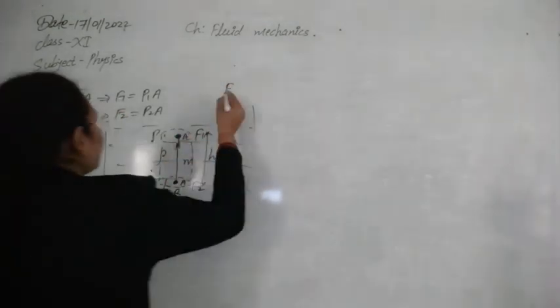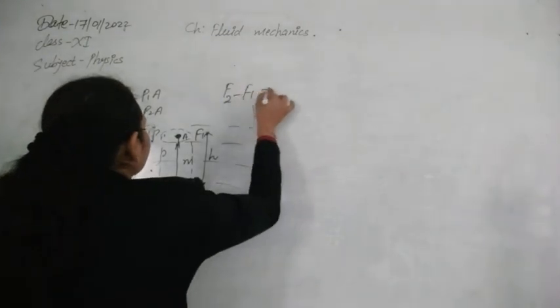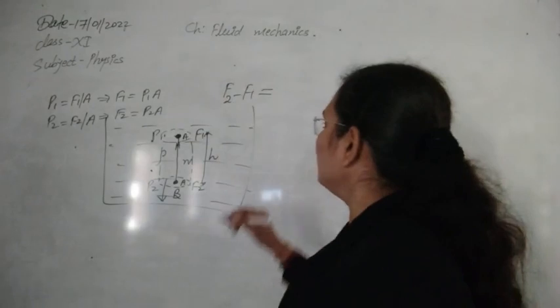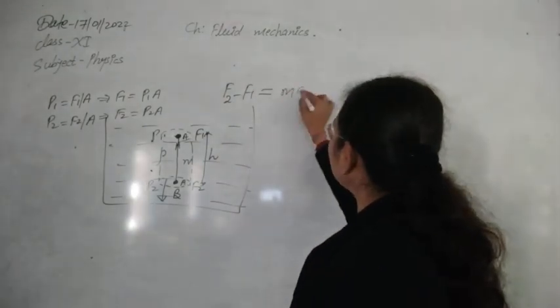So F2 should be greater than F1. F2 minus F1 will be equal to the weight of the imaginary cylinder, and the weight is m into g.